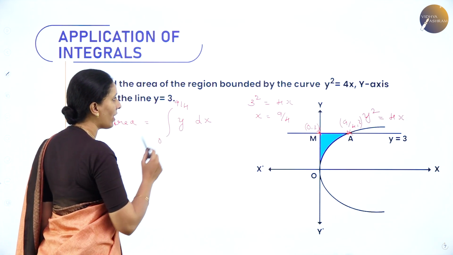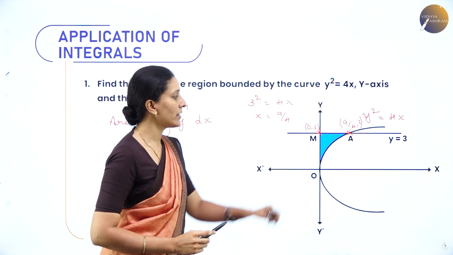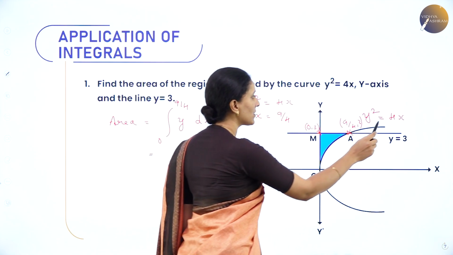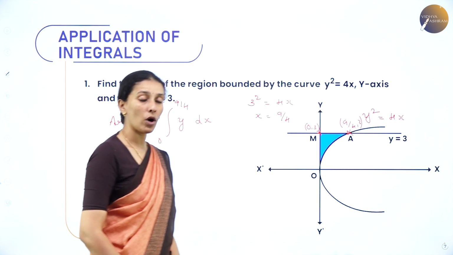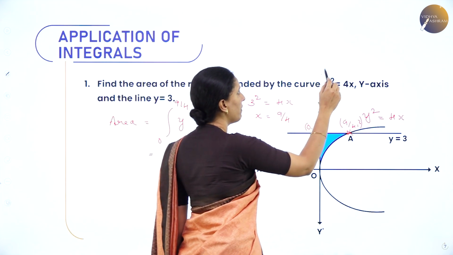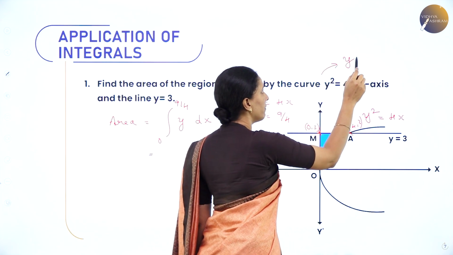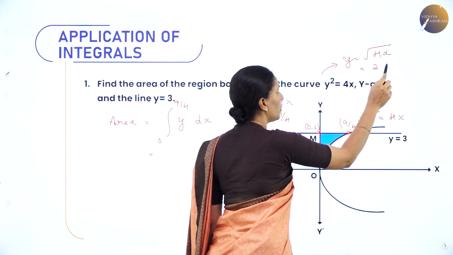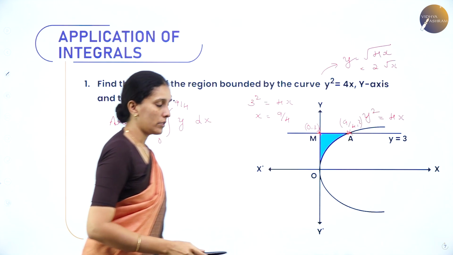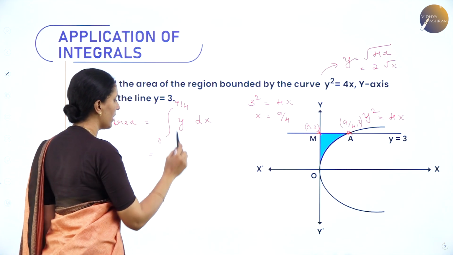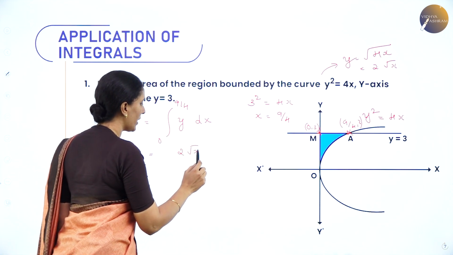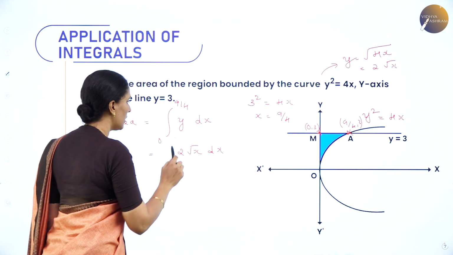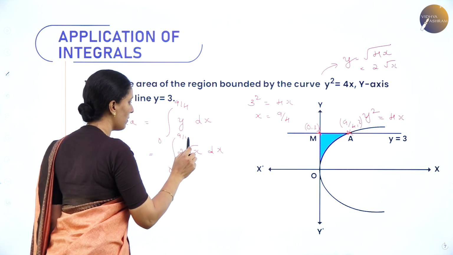Now, what is y here? We have y square is equal to 4x. So, y square is equal to 4x means what is y? Here y can be converted into y is equal to root 4x, which will become 2 root x. Thus the region can be written as the integral of 2 root x dx from 0 to 9 by 4.